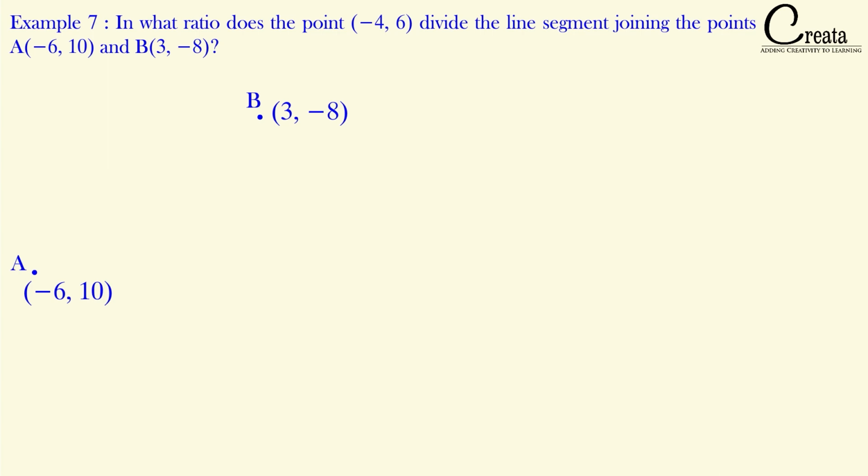Let's join A and B to form the line segment AB. On this line segment AB, we have the third point, which is -4, 6. Let's name this point as point C. This point C is dividing the line segment AB in a certain ratio, and we have to calculate this ratio.